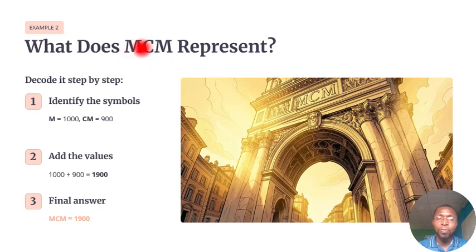Okay. Now, if you don't know that rule, there is this temptation that you might want to say, okay, this M is 1000, then you mistakenly write 1000. Okay, write 1000 for this, and you go ahead to say, okay, C is 100, and you say plus 100.